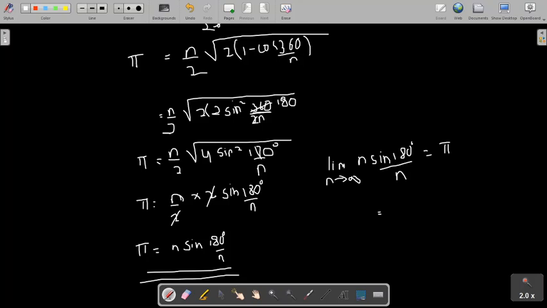As the number of sides increases, we get a better approximation of pi, and that is 3.14159265358.